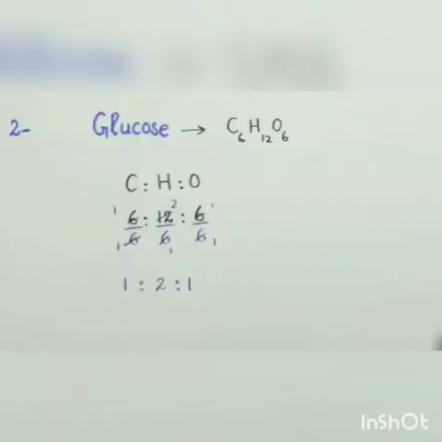We have to simplify this ratio of 6:12:6, and we divide it by 6. By dividing these three numbers by 6, we get 1:2:1. It means we get 1 carbon atom, 2 hydrogen atoms and 1 oxygen atom in glucose.